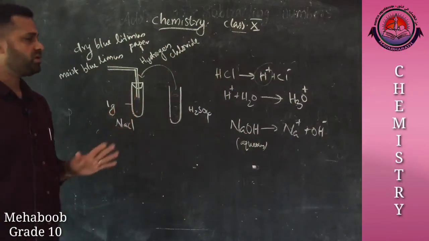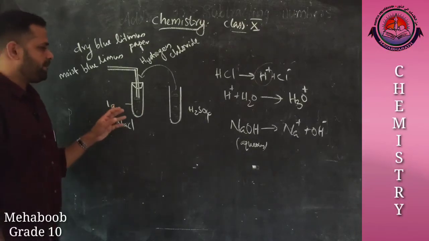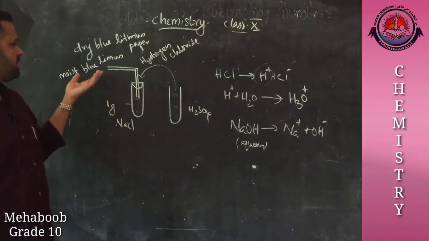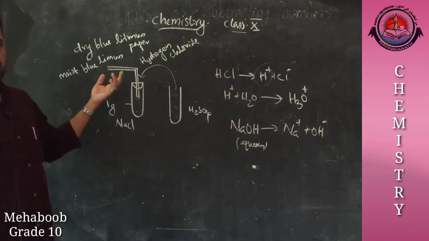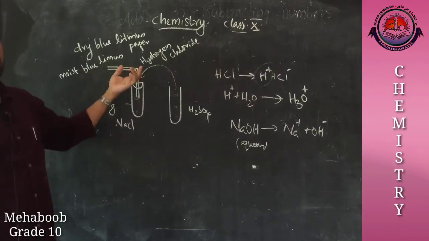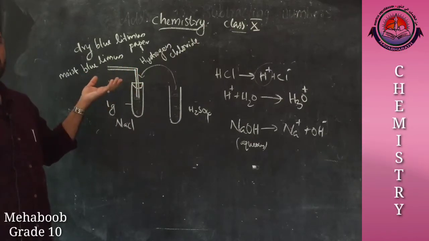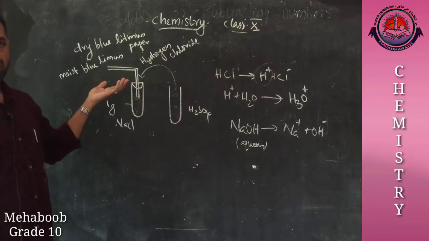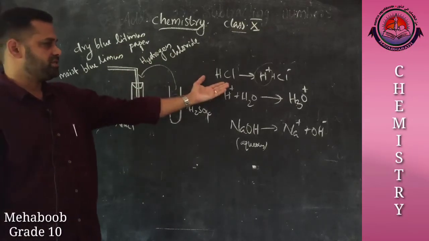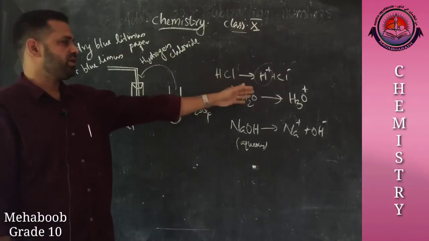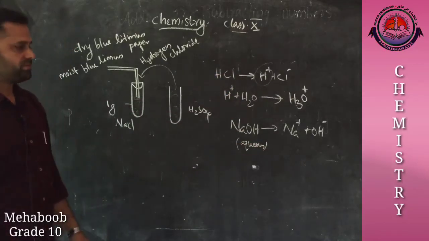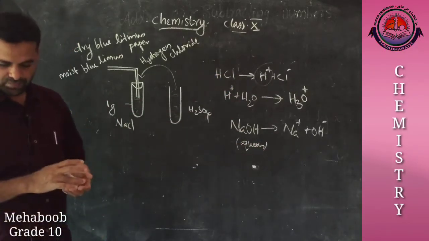Okay, hope you understood. Wet blue litmus paper changes into red color because of the presence of water molecules. Water ionizes the hydrogen chloride gas into H+ and Cl- ions.